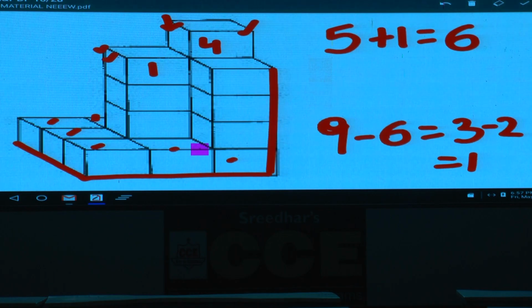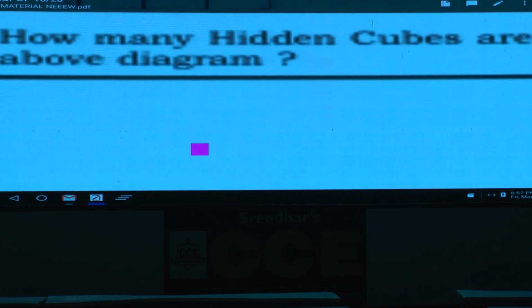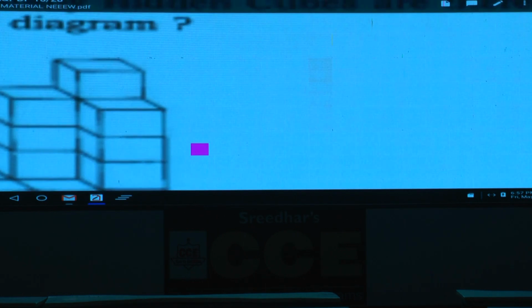Question numbers 1 to 10, then question number 11 onwards. Now question number 11 onwards.